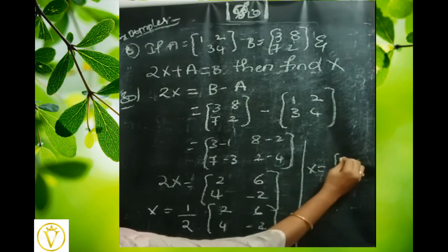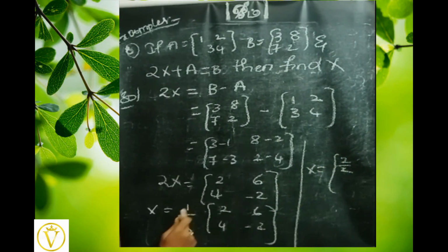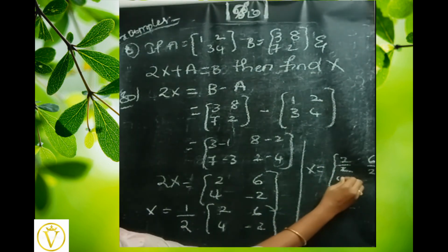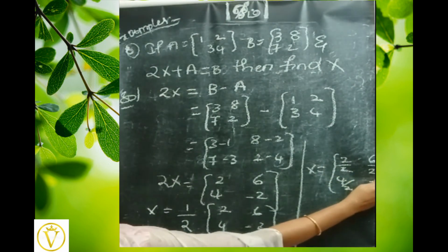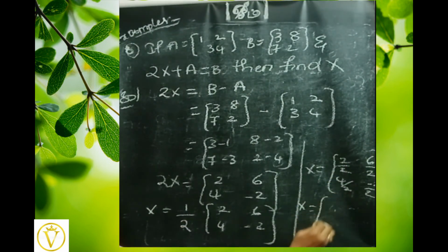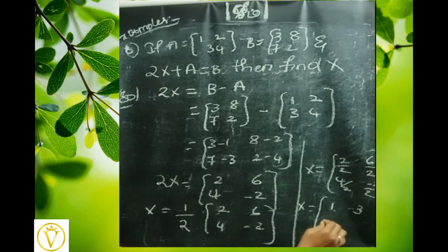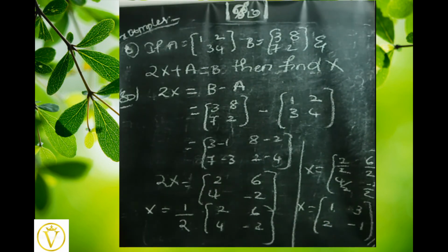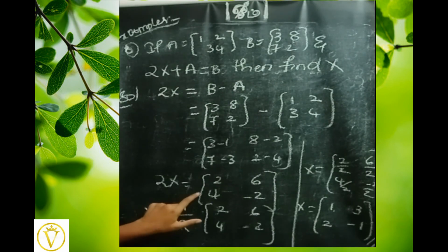X equals 2 by 2. Why? Because 1 by 2 into 2 means 2 by 2. 6 by 2, 4 by 2, minus 2 by 2. So X equals 1, 3, 2, minus 1. That's it. This is the value of X. Don't write the earlier value.